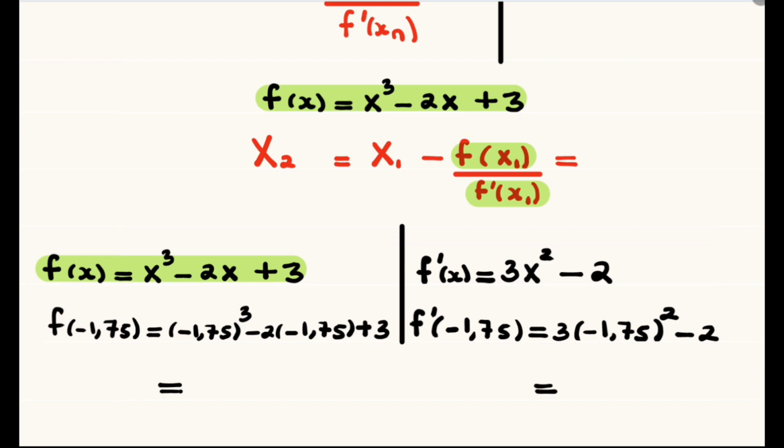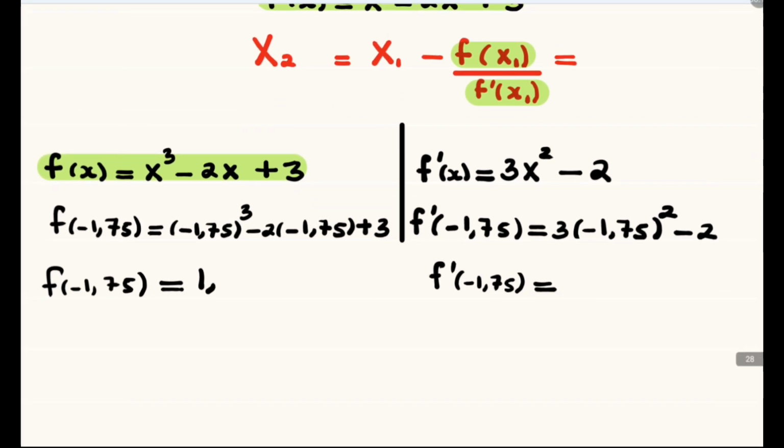We have f prime of negative 1,75, and on the left we have f of negative 1,75, and this will be equal 1,141, and on the other side we have 7,188. Now we can substitute, so our x2 will be equal to x1.